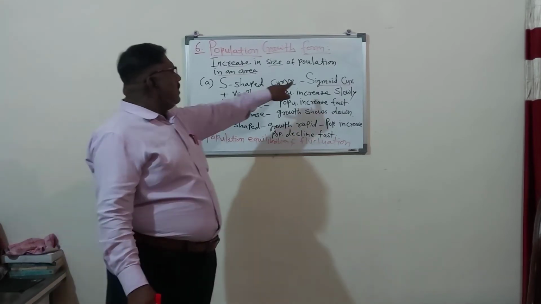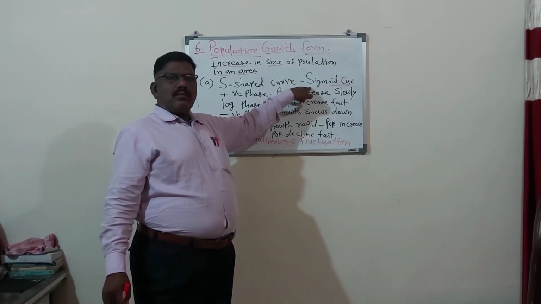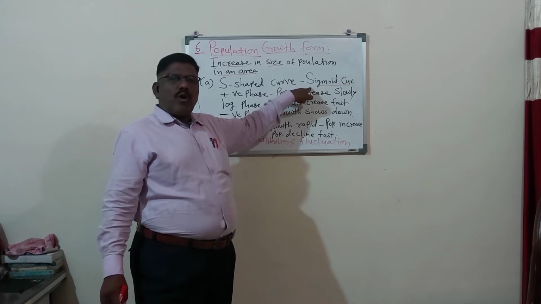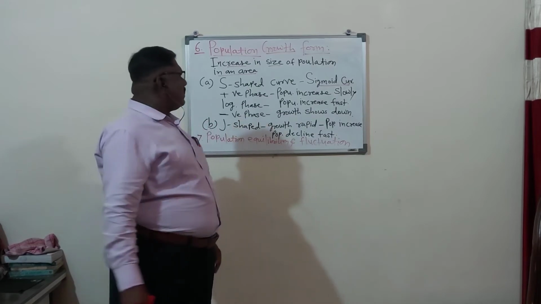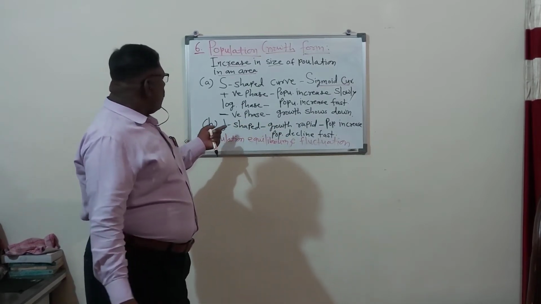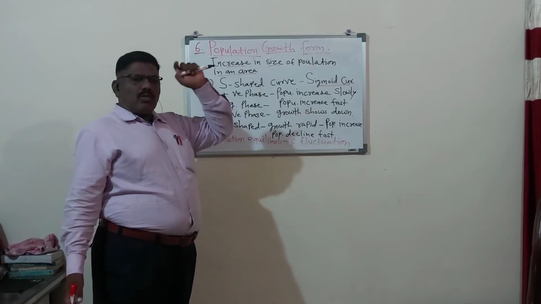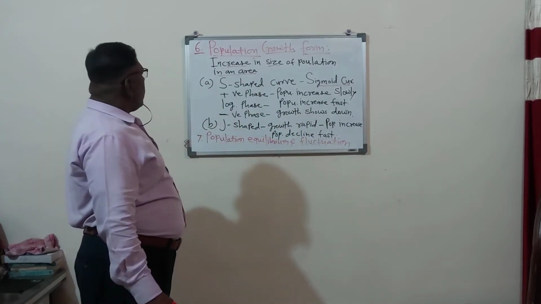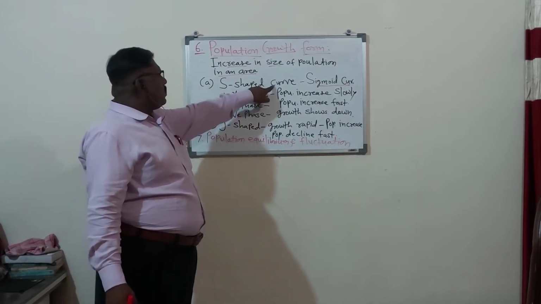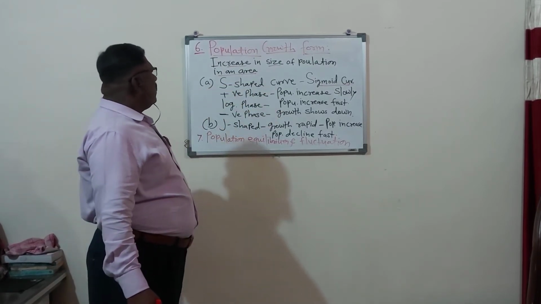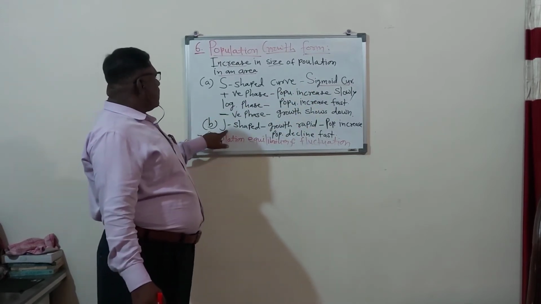That option is the sigmoid curve. The wrong options may be J-shaped curve, alpha curve, beta curve. Anyway, there are 2 curves. One curve is the S-shaped curve, which is also called the sigmoid curve, and another curve is the J-shaped curve.